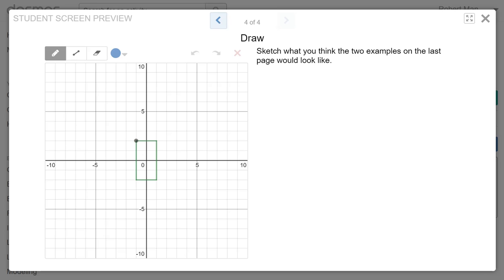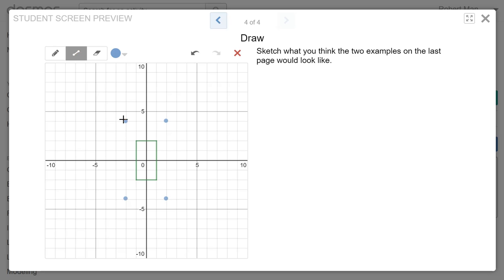So if it was multiplied by 2, if each coordinate were multiplied by 2, (1, 2) would go to (2, 4). Likewise, (-1, 2) would go to (-2, 4), (-1, -2) to (-2, -4), (1, -2) to (2, -4).